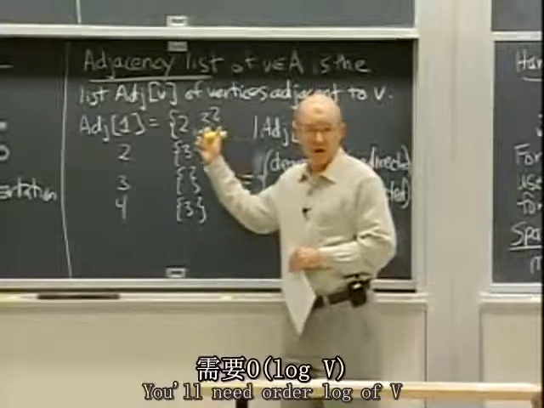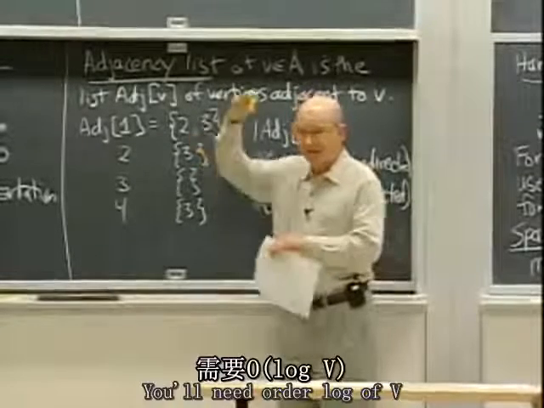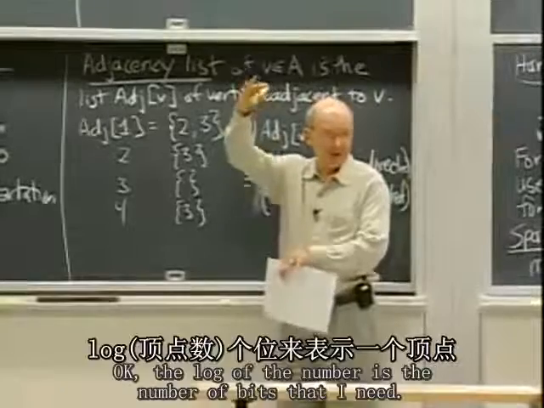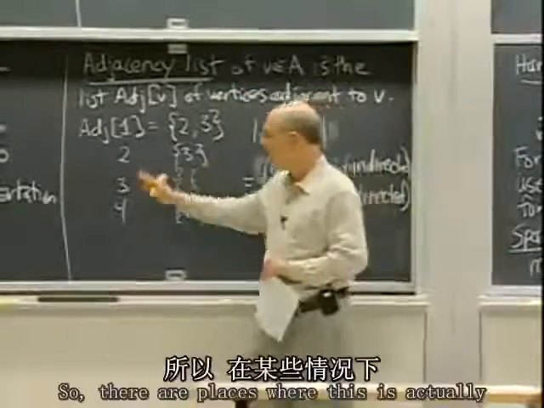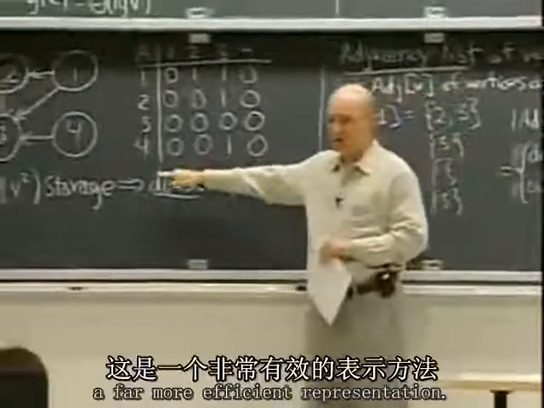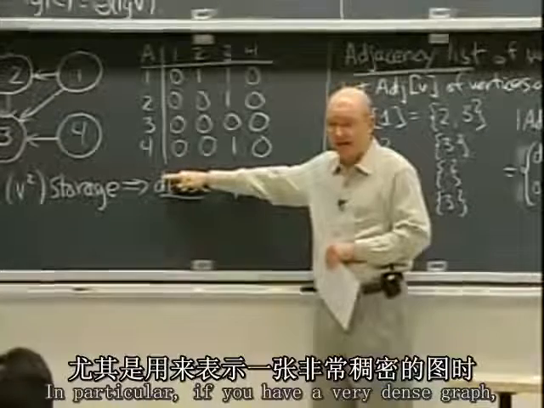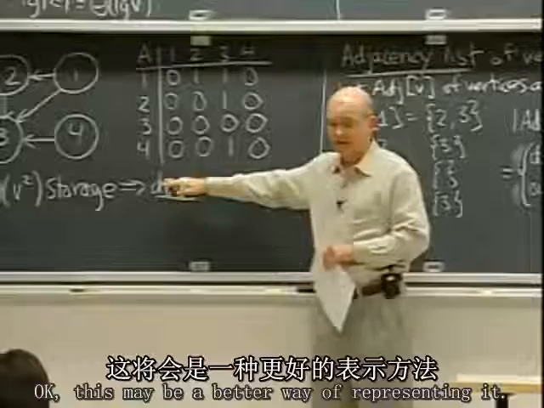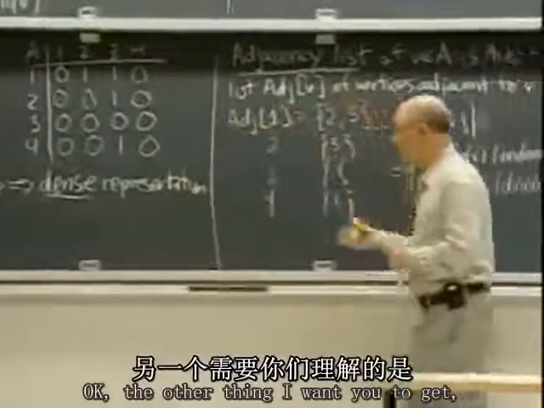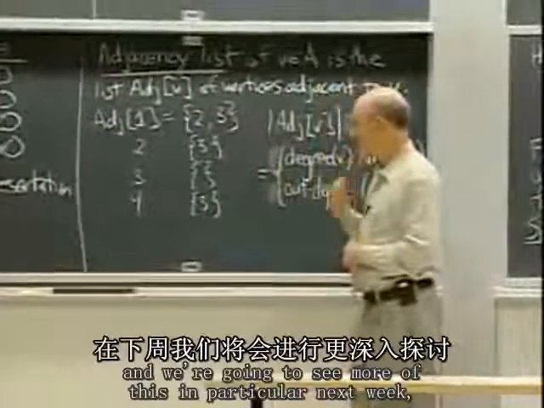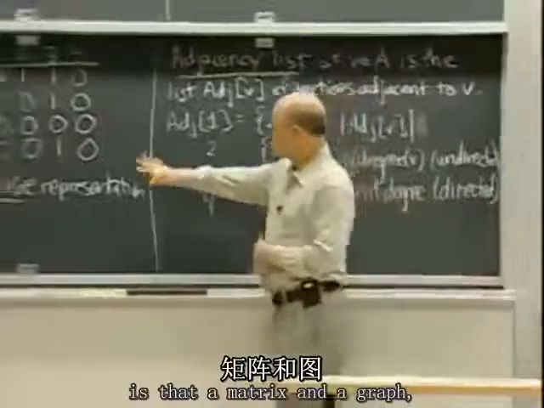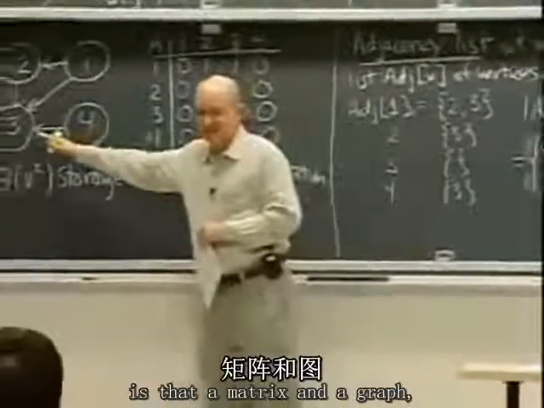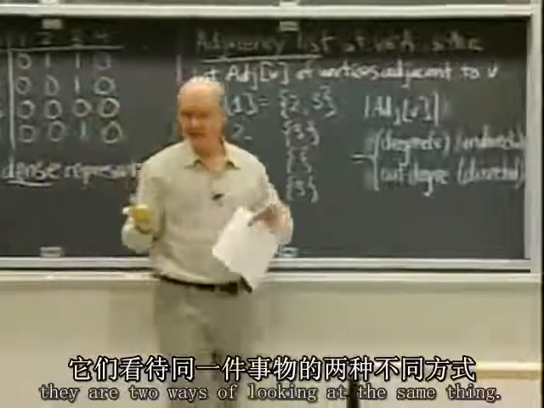You'll need order log of v to be able to name each different vertex. The log of the number is the number of bits that I need. So there are places where this is actually a far more efficient representation, in particular if you have a very dense graph. The other thing I want you to get, and we're going to see more of this next week, is that a matrix and a graph are two ways of looking at the same thing.